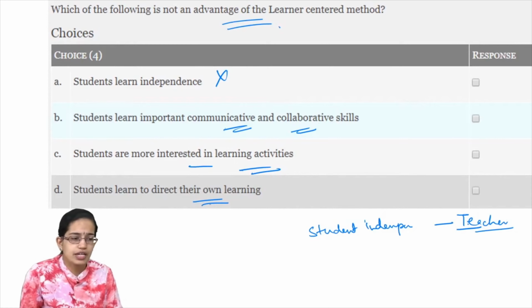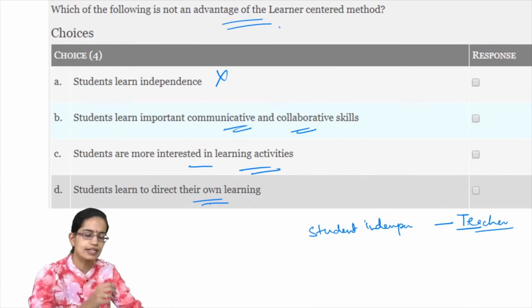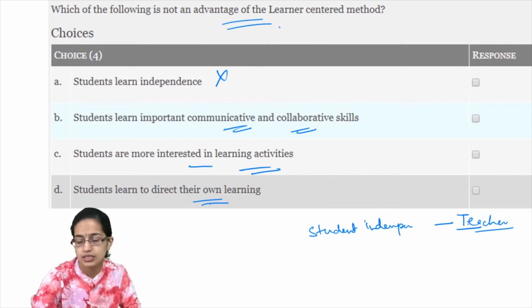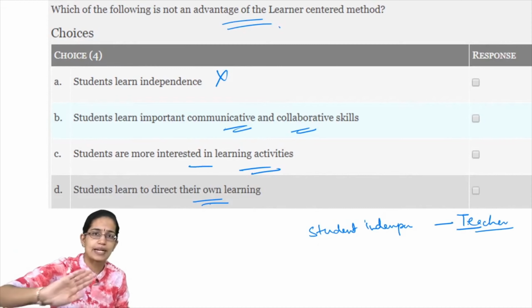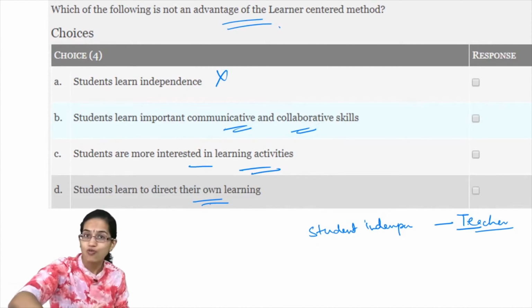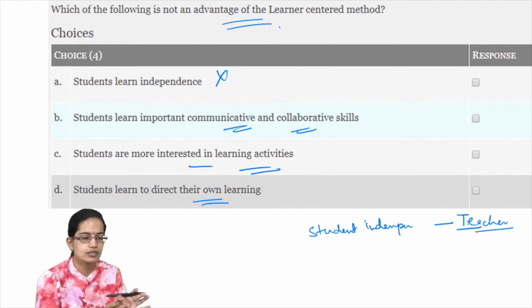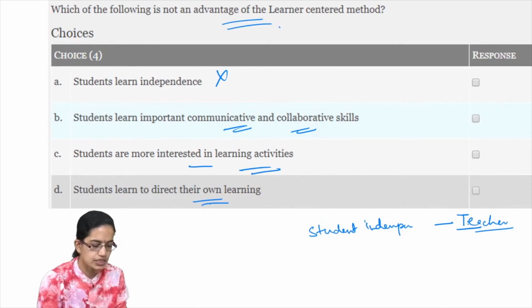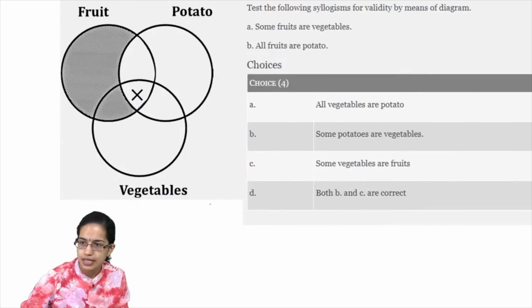So they are working on their own betterment, completing their own task, interacting with others, participating with others. But making students independent is the objective of the teacher-oriented approach or a teacher-centered method, where the teacher acts or behaves as a facilitator, making the students remember the concept and learn them independently.